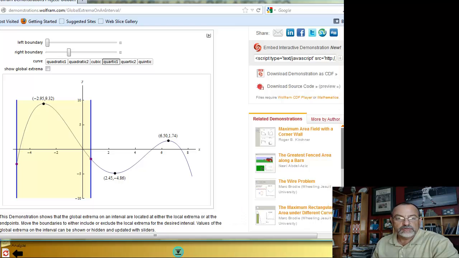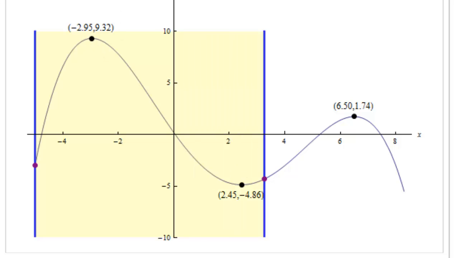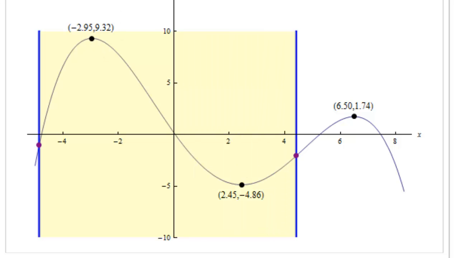So if we go back to what we're looking at before, here's a local maximum. If I were to ask you what is the maximum, I'm looking for the y value. The maximum is 9.32. If I asked where is the maximum, I'm looking for the x value at negative 2.5. So what means the y value? Where means the x value? So here, a local minimum. What is the minimum?